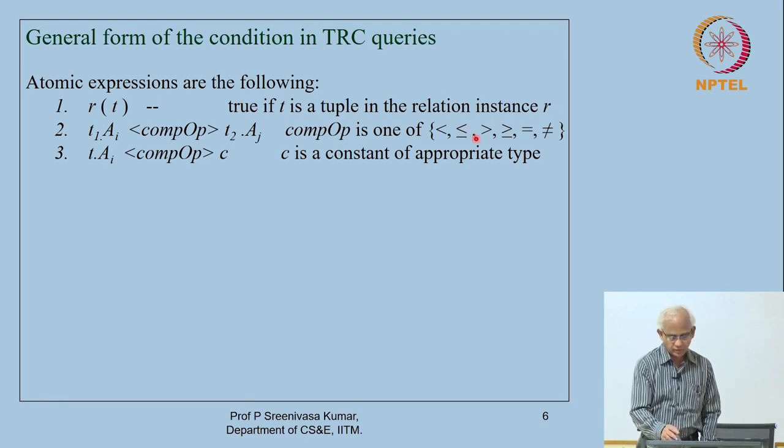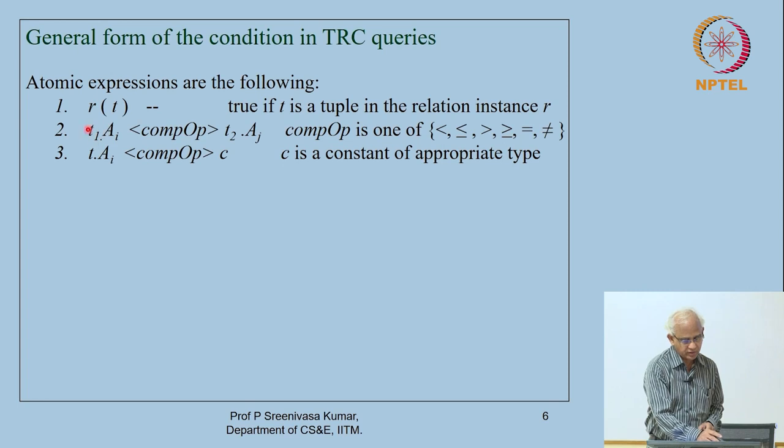Okay, here I am calling it as instance, but it is actually name, right. So, R t is a tuple variable. So, R of t is one kind of a form, the atomic form of the formula that we can use on the right hand side. The other component is T1 dot AI.